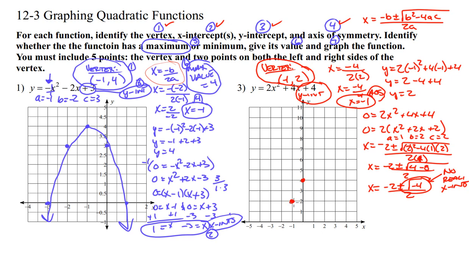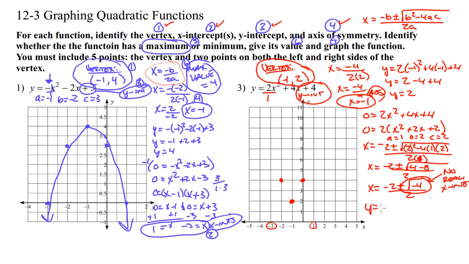Let's just graph this thing first, and then we can find those other things really quick. Okay, so we're going to take this 2 over 1, so we go up 2 over 1. There's our y-intercept, up 2 over 1 this way as well. And then since we want 2 more points, we're either going to need to plug in 1 or negative 3. I'm going to choose 1 because I think it'll be nicer to plug into our formula.